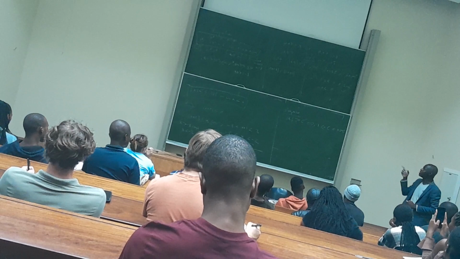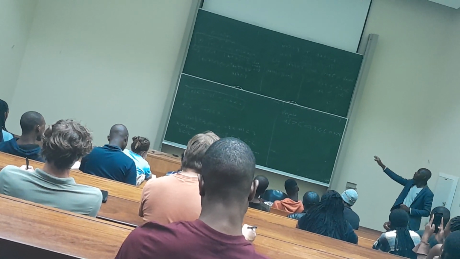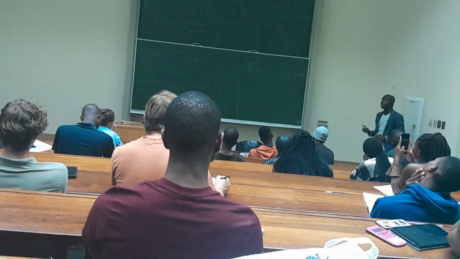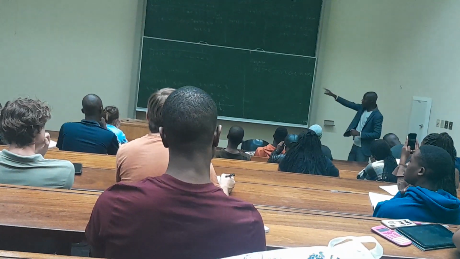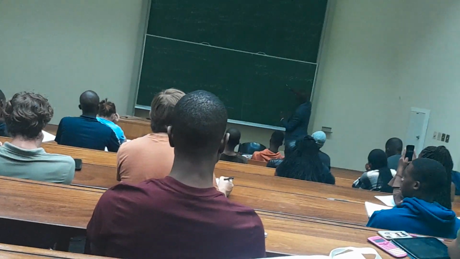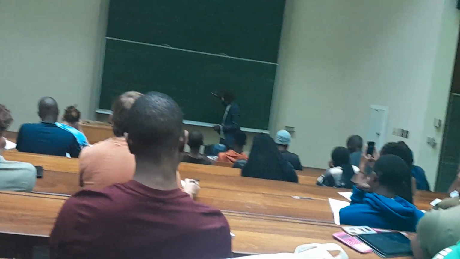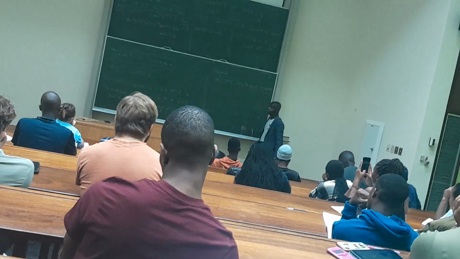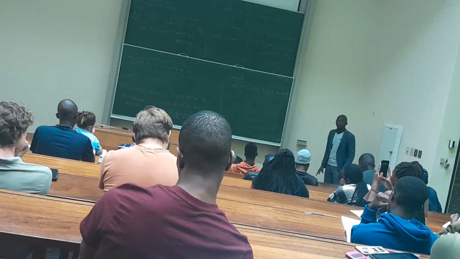So whenever you are in a situation whereby you have this, know that you should apply this, not the other way around. Very important, because these two statements are not the same. This and this, they are not the same, okay?